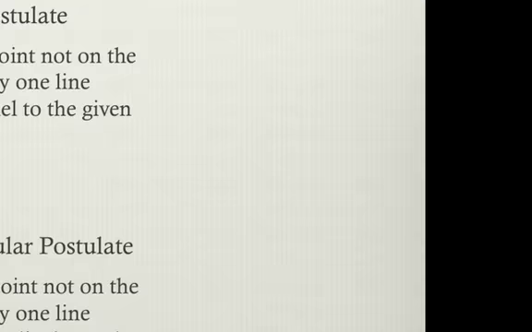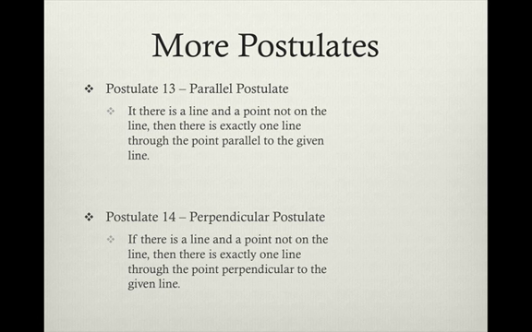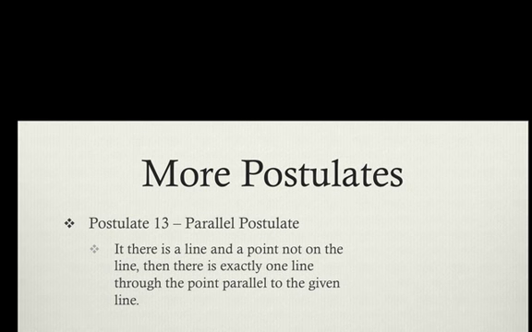So moving on to the next slide, we've got lots more postulates and theorems that we're going to be talking about today. The first postulate that we're going to go over is the parallel postulate. This states that if there is a line and a point not on the line, then there is exactly one line through that point that will be parallel to the given line.